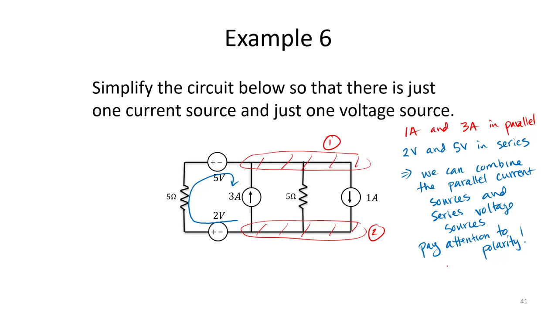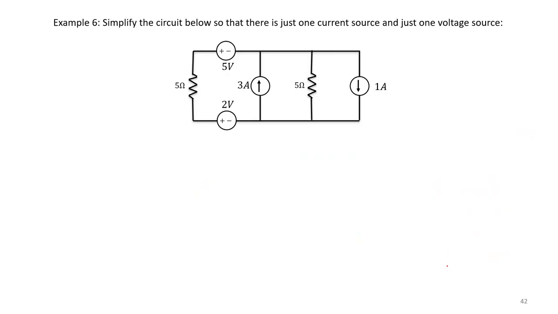Let's go ahead and see how we do this. Suppose I were to walk around my circuit. I'm just going to walk around this loop. If I walk around the left loop, notice that first I see something like this.